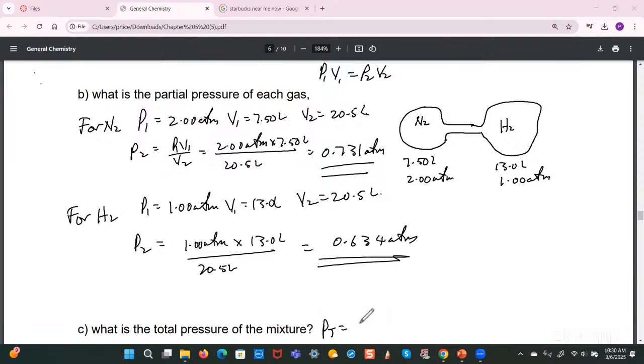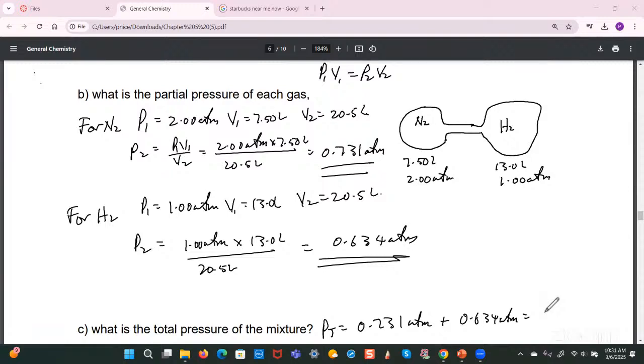Exactly. You add the 0.731 atmospheres that we got before, plus the 0.634 atmospheres. And let's see what I get. 0.731 plus 0.634.